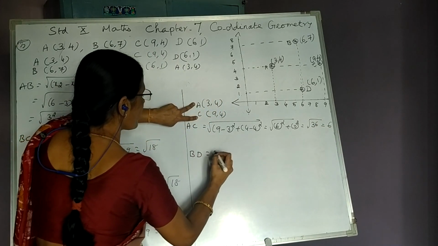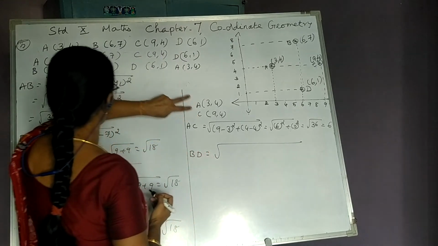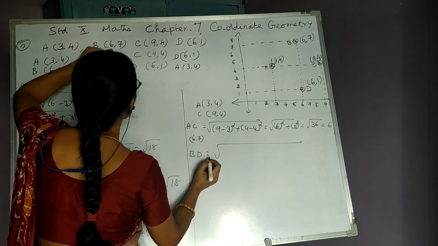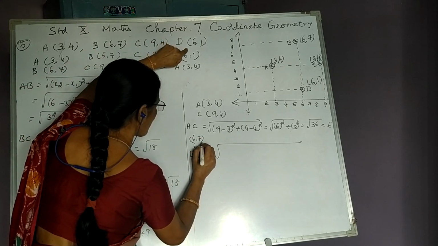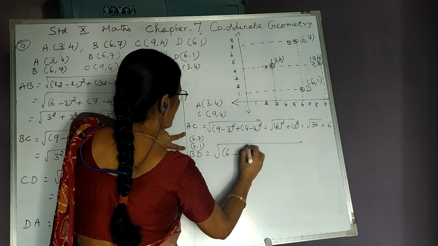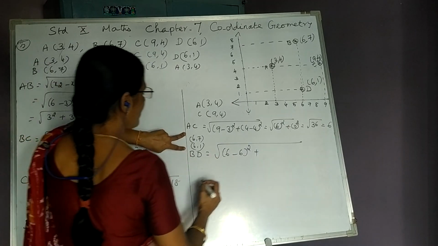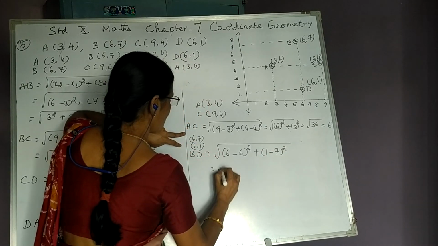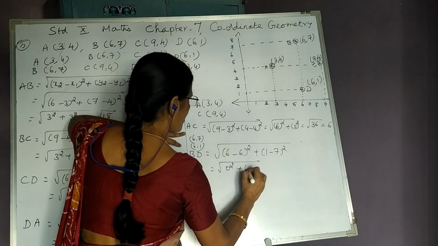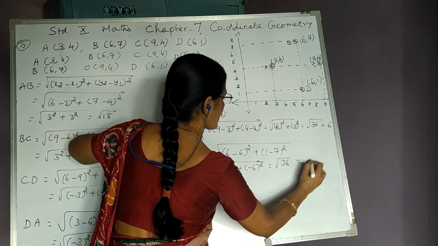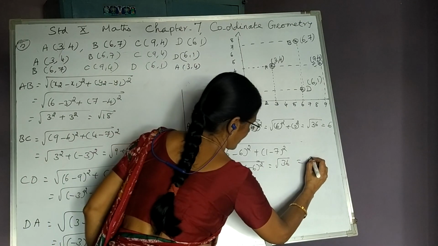Then I find BD. B is (6, 7). I write at the side, and D is (6, 1). So let us find the difference between the x coordinates. 6 minus 6 the whole square plus 1 minus 7 the whole square, which is equal to 0 square plus minus 6 square, which is equal to root of 36, equal to 6.